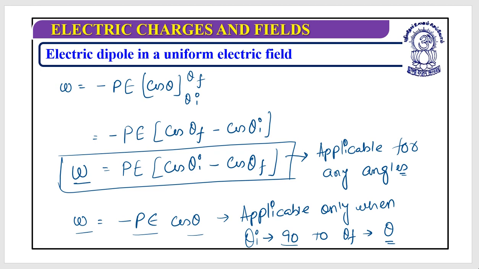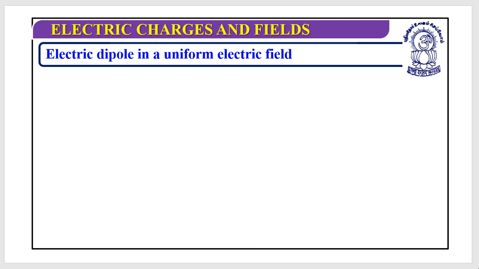That potential energy would be given as work done equals minus PE cos theta, or PE into bracket cos theta initial minus cos theta final. These are the situations. Okay, let's look at certain cases.